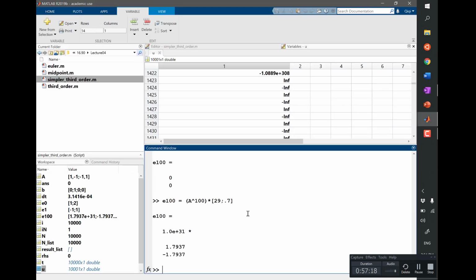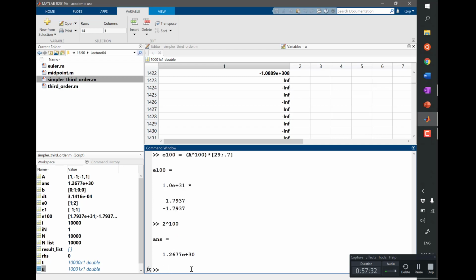So let's say I did this 100 times. You always get a magnitude of 10 to the 30, right? So how about 2 to the... Yeah, it's actually 10 to the 30, right? Is that a coincidence?